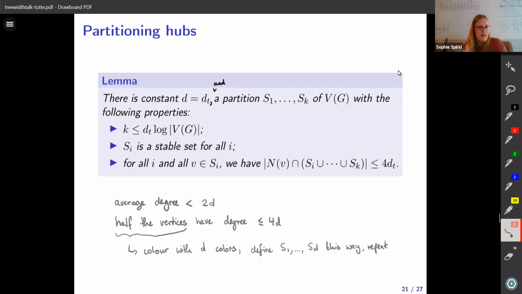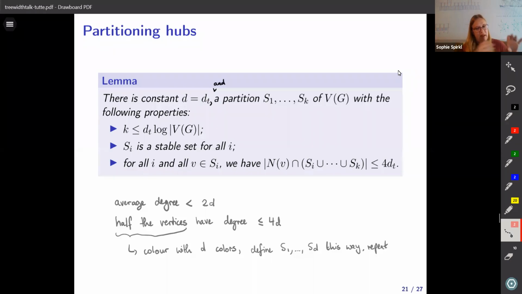And then do it again and do it again. And since each set has bounded degree, we can color them to actually split them up further into stable sets. This is where logarithmic treewidth comes from. It comes from the fact that in the other results, we were bounding maximum degree, and here we aren't.